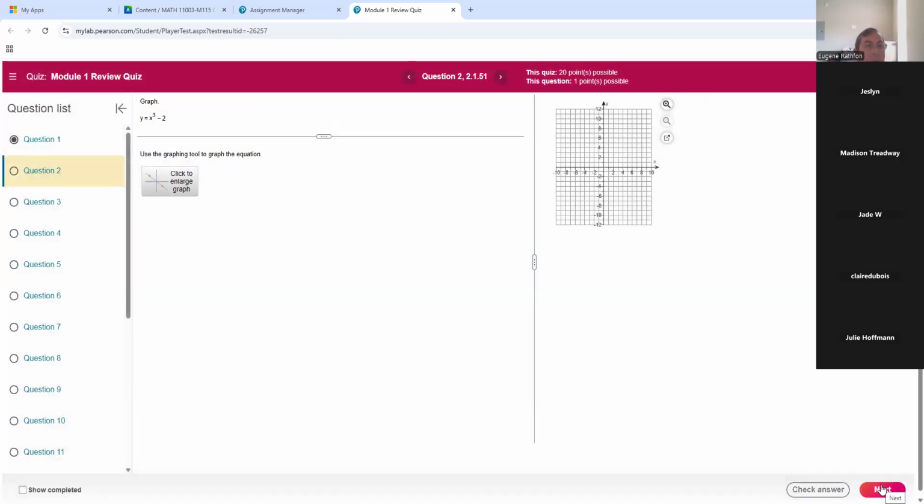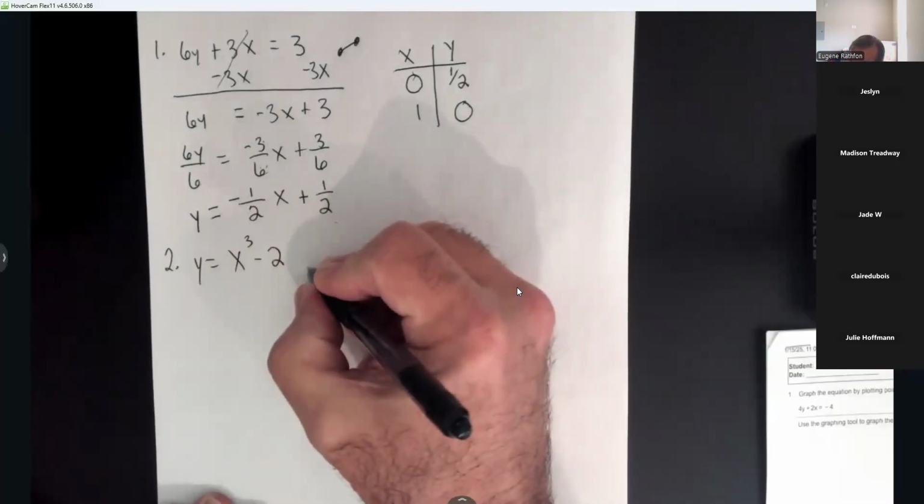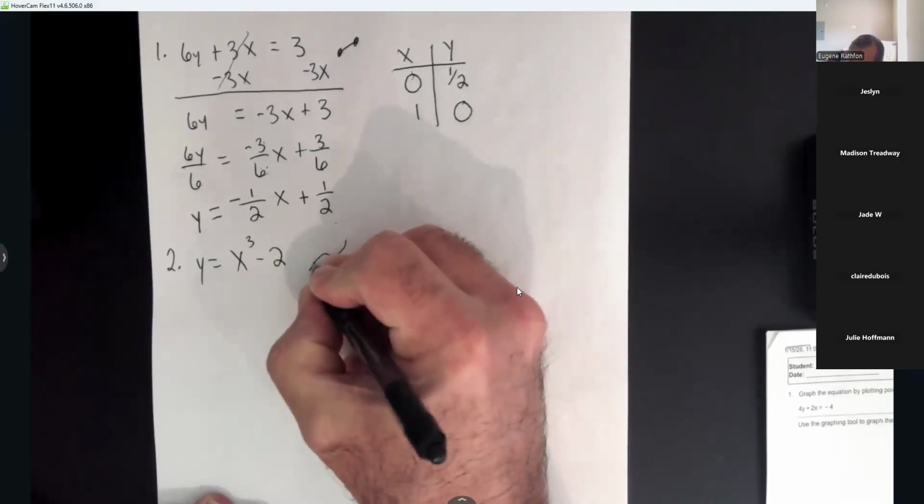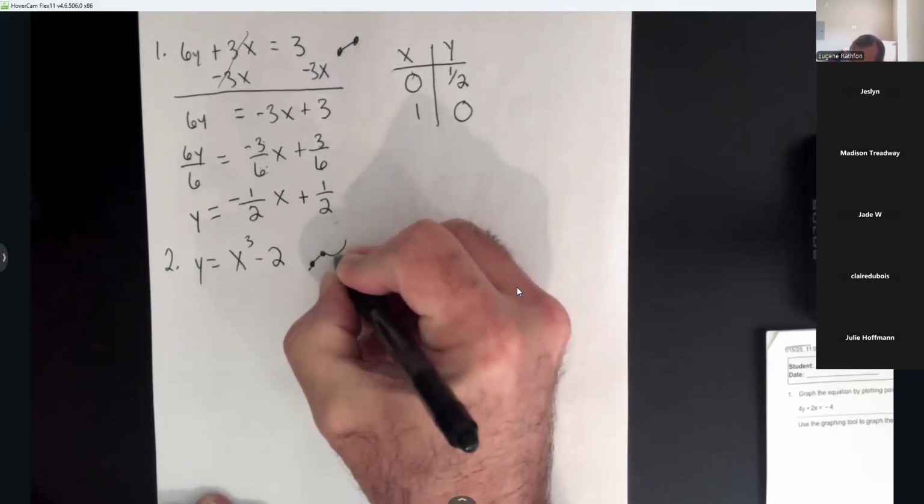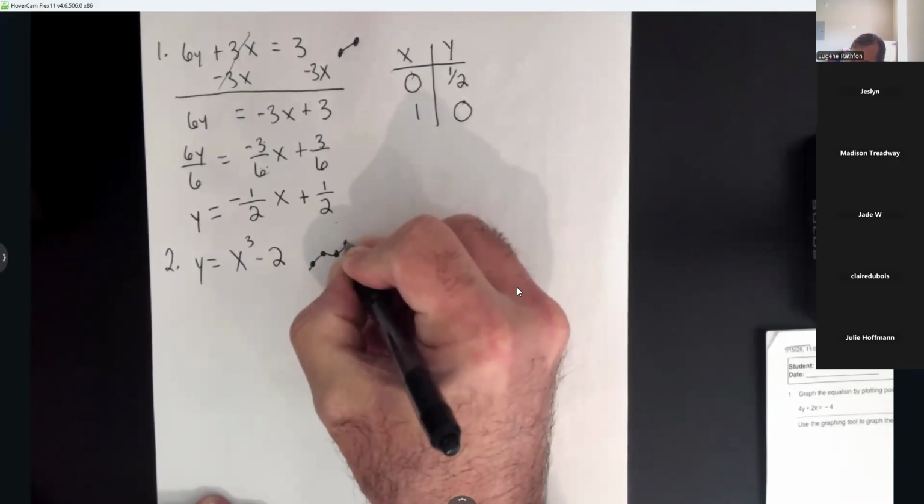All right, y'all, so the second one, I got y equals x cubed minus 2. Okay, so let me tell you about this graph. X cubed graphs, they're going to make the squiggly 4-point cubic tool.